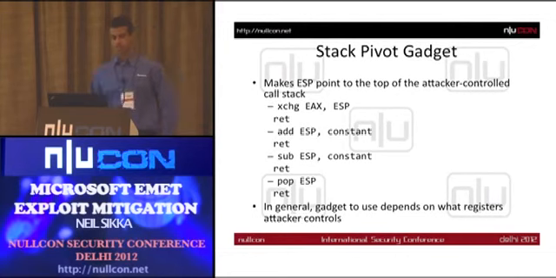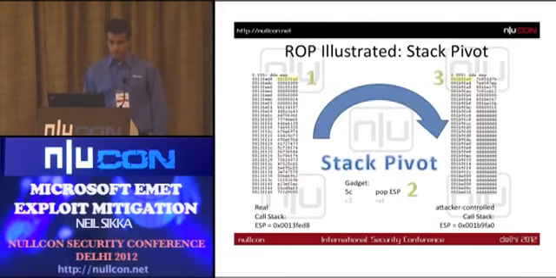So this is an illustration of a stack pivot. As you can see here, we have 1B9FA0 at the top of the regular call stack. That's the first step. The second step is that we execute pop ESP, and pop ESP will basically pop this value into the ESP register.